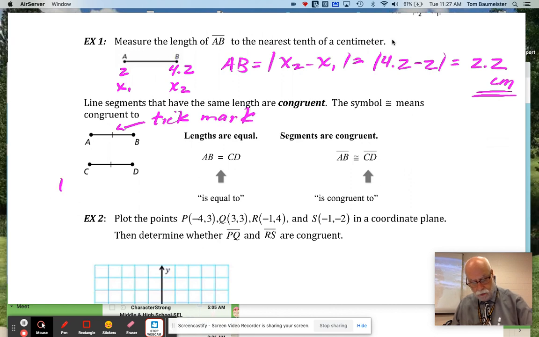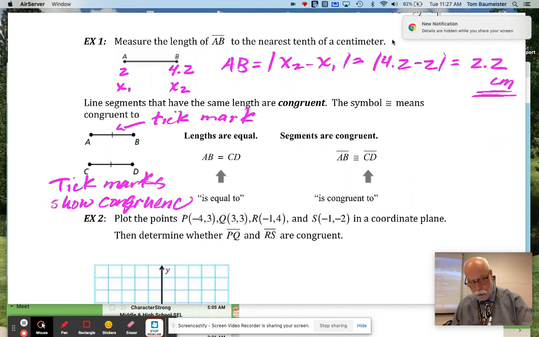And just remember, tick marks show congruence. All right? So when line segments are equal, that means that they have the same length.